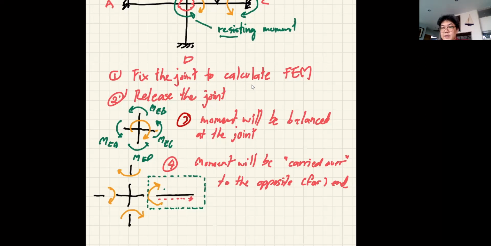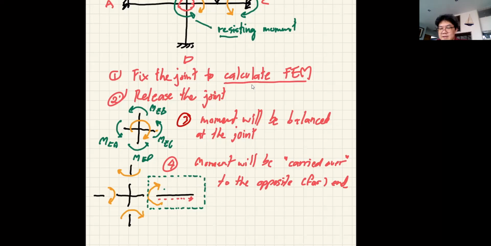We could do this without ever having to solve any equation. Okay, and you fix the joint, calculate the fixed end moment and then release it.